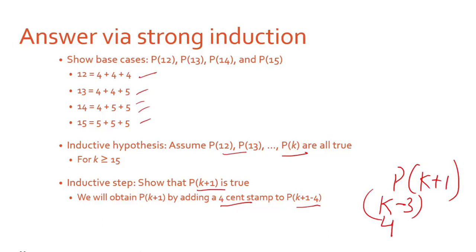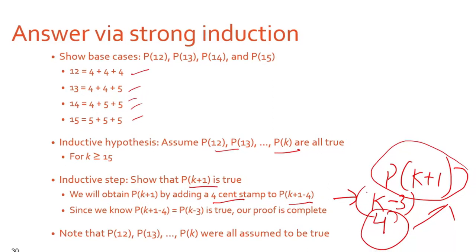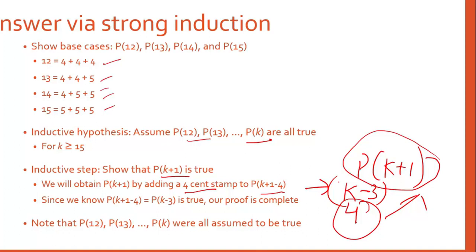Now our statement is true for the amount k minus 3 because we have assumed in our inductive step that the statement is true for every amount greater than or equal to 12 but less than k. So k minus 3 is less than k, hence our statement is true for k minus 3. So we can easily form the amount k plus 1 by adding a 4-cent stamp. So P of k plus 1 is also true. Hence, by the principle of strong mathematical induction, our statement is true.